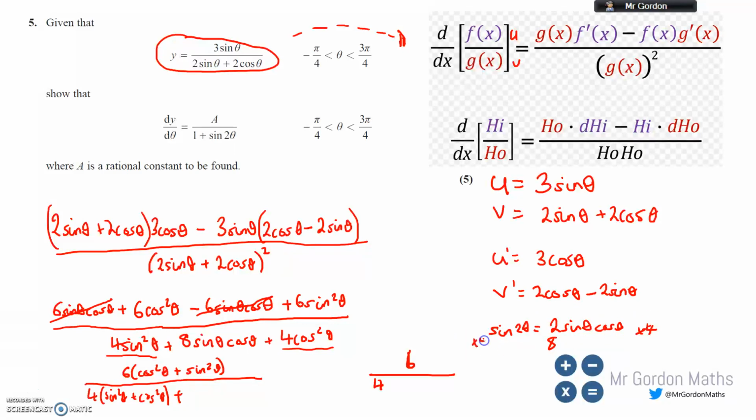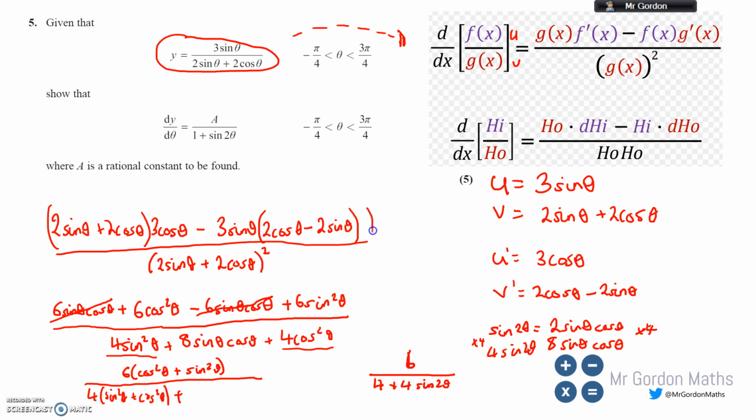Times this by 4, and we get 4 sine 2 theta is equal to 8 lots of sine theta cos theta. Right, so that bit there is going to become 4 sine 2 theta plus 4 sine 2 theta. I can factor out the 4.